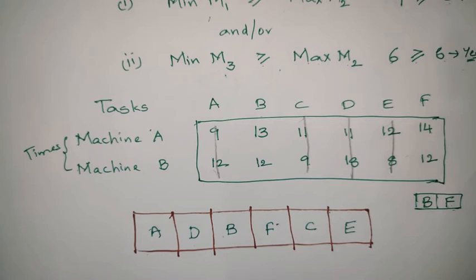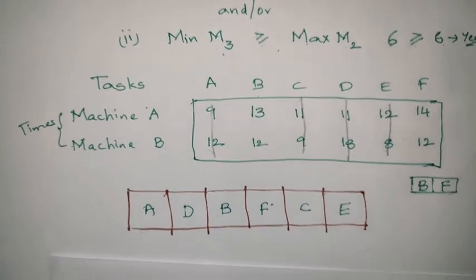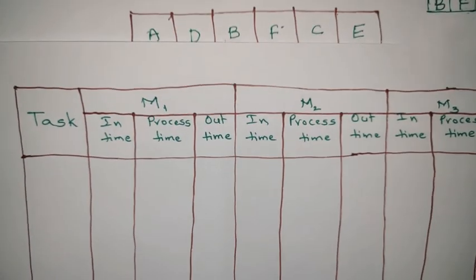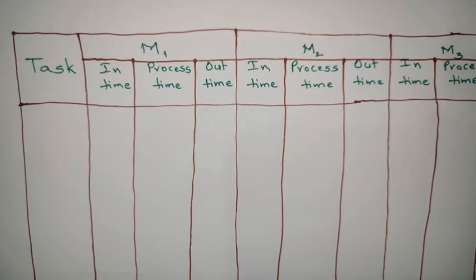So now let us find the total elapsed time. In order to find the total elapsed time, just like the previous type of problem, we are going to form a table. How will the table be?